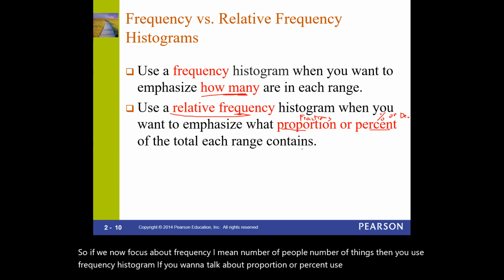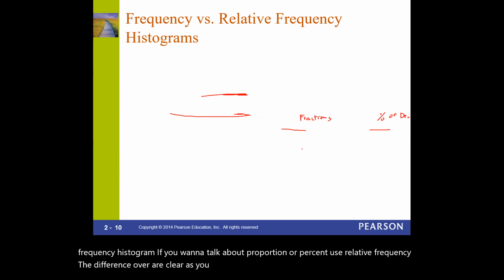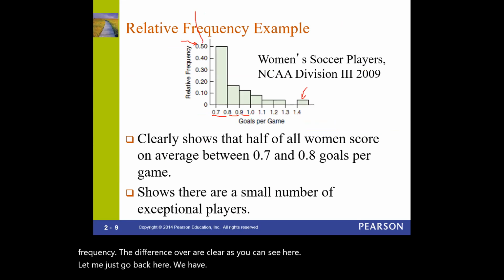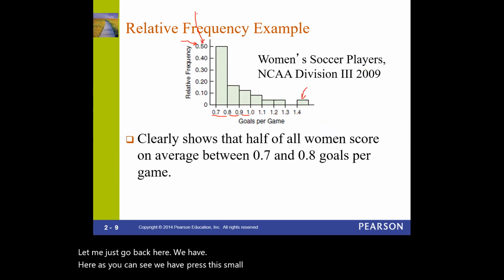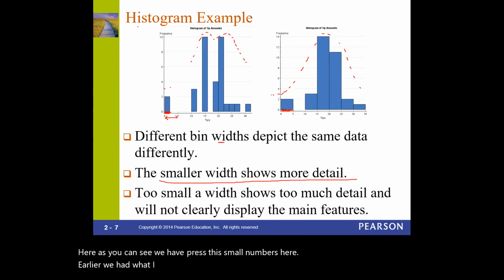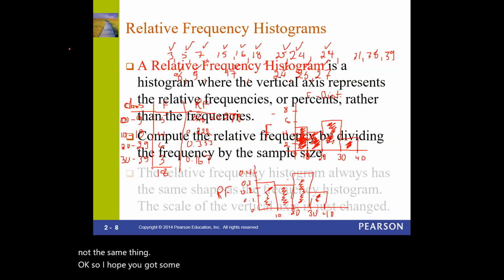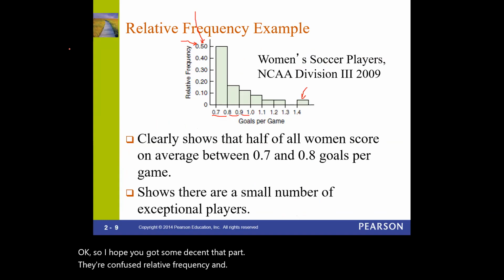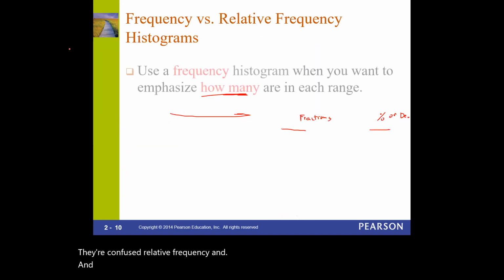The differences are clear, as you can see here. Let me just go back here. Here we have decimal numbers, while earlier we had some specific numbers right here. See that? They're not the same thing. Okay, so I hope you guys understand that part. Don't confuse relative frequency and frequency distribution.